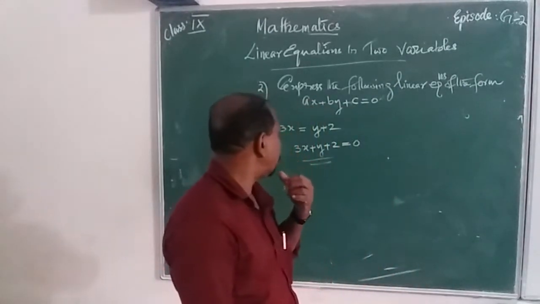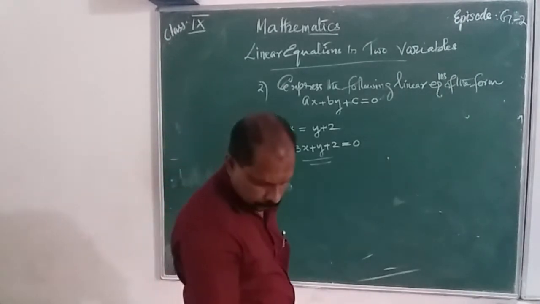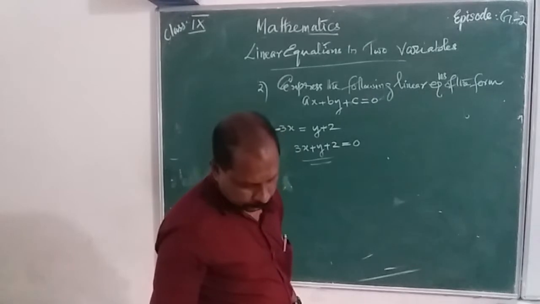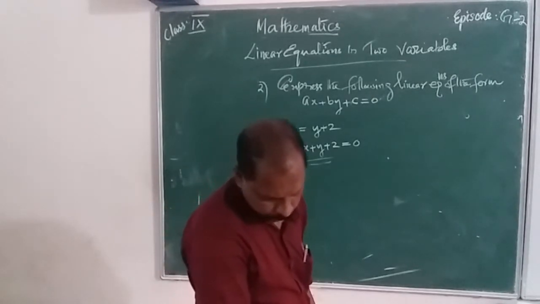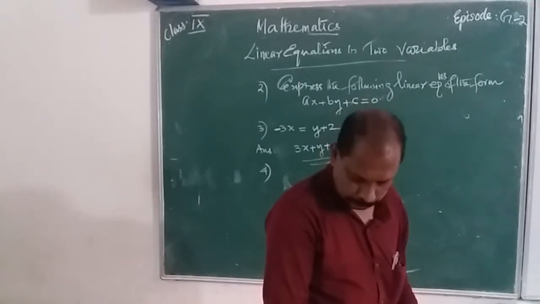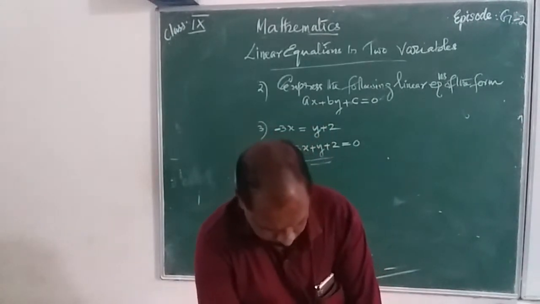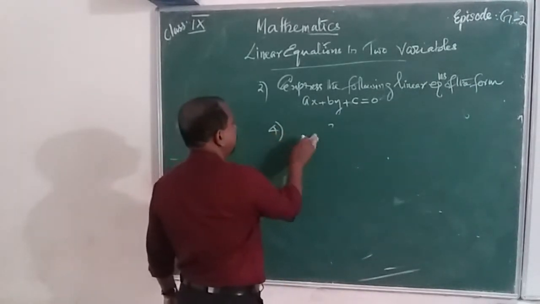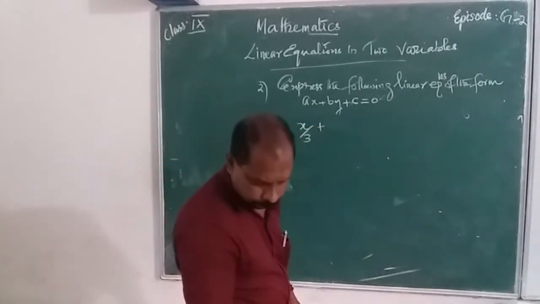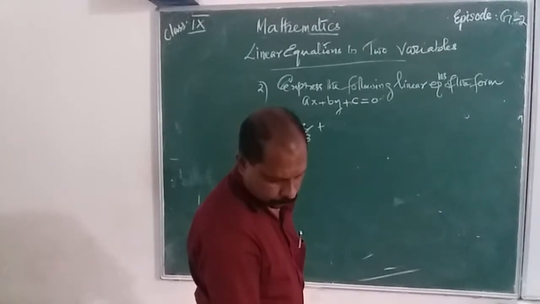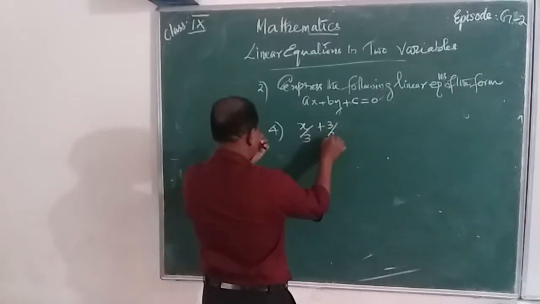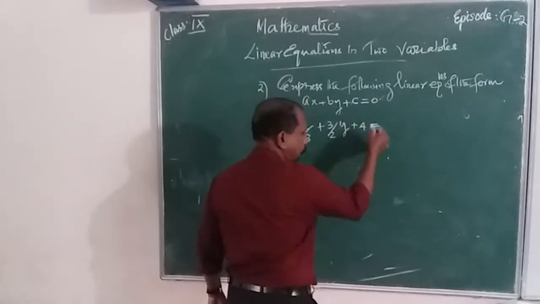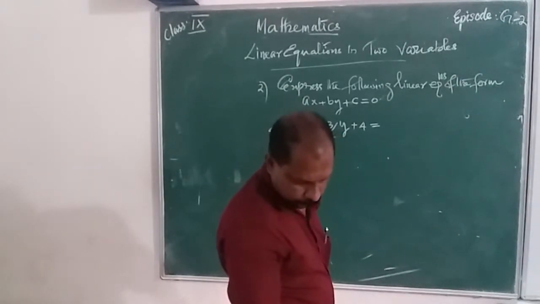Then the fourth question: x by 3 plus 3 by 2y plus 4 is equal to 2y minus 3.